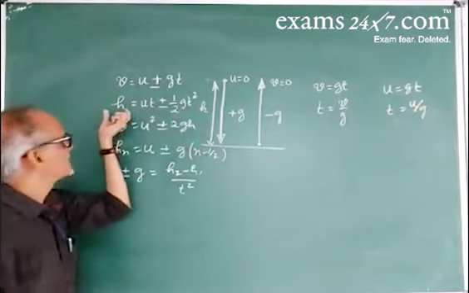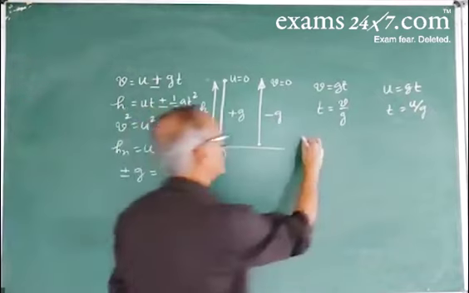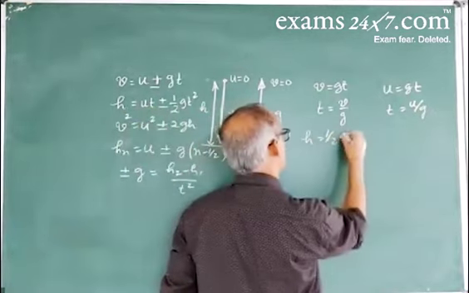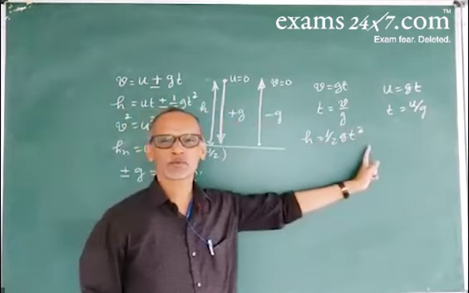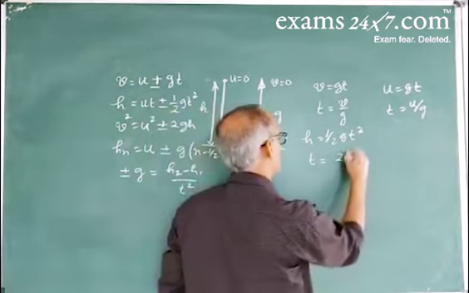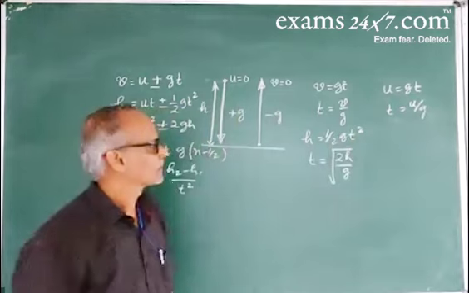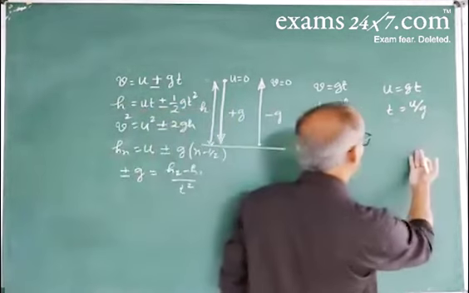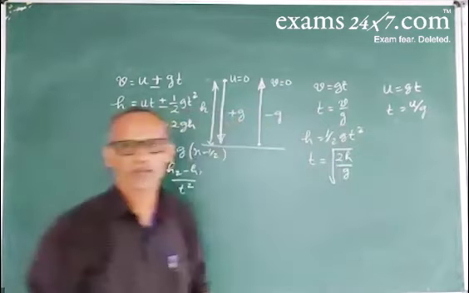So when we replace here, u is 0, so we get h is equal to half g t square. So h is directly proportional to the square of the time taken, or we can even write t is equal to root of 2h by g. The same is valid even in the case of a body which is thrown upward. The same formats can be used.